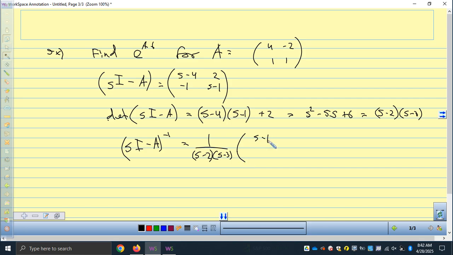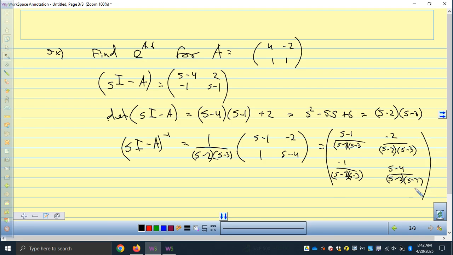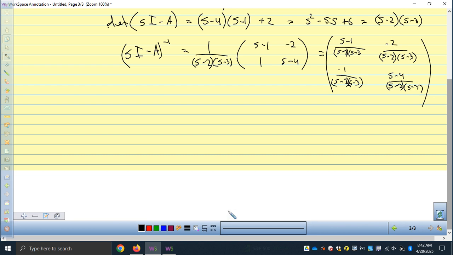So we get s minus 1, negative 2, 1, s minus 4, which is (s minus 1) over (s minus 2)(s minus 3), negative 2 over (s minus 2)(s minus 3), 1 over (s minus 2)(s minus 3), and finally (s minus 4) over (s minus 2)(s minus 3). There's our matrix that we're going to take the inverse transform of.